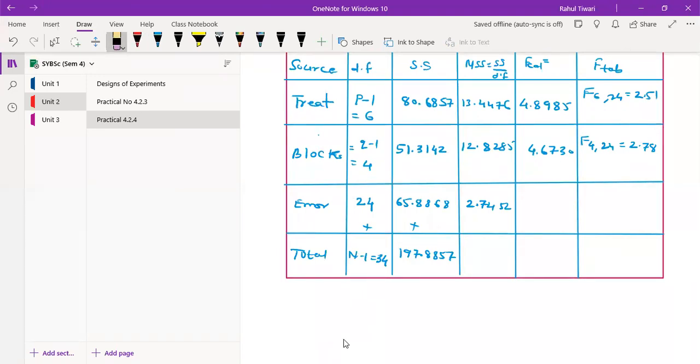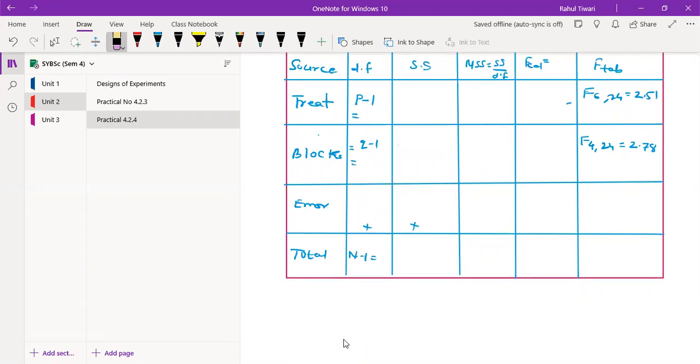So this is P minus 1, Q minus 1, total. So this would be P minus 1, so 3 minus 1, which is 2.